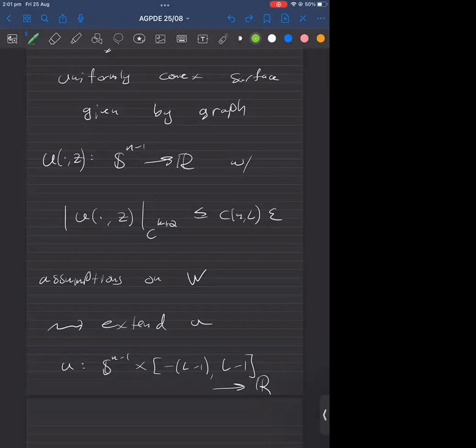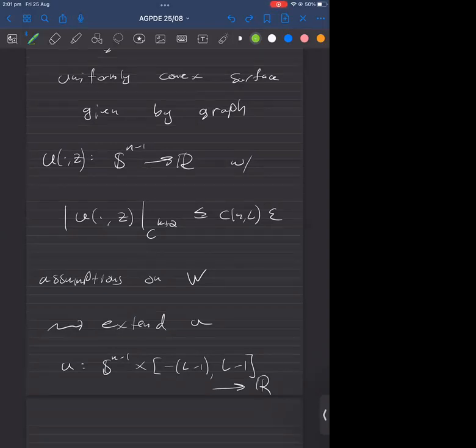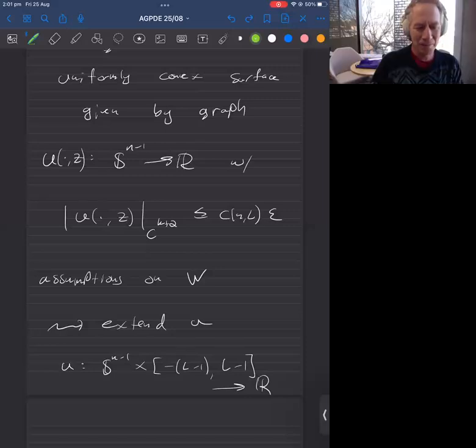Can this construction be extended to S^(n-2) times R^2 or something like that, by some kind of induction? I think that should be possible.